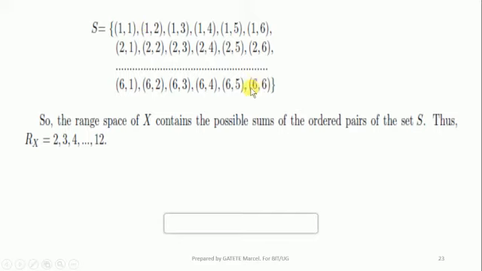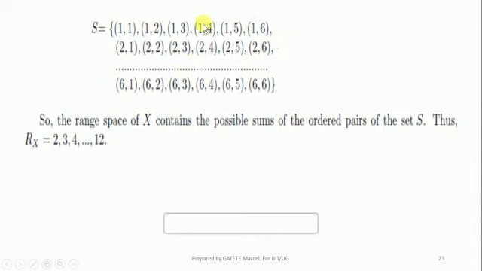If you continue, the last possibility will be that the side 6 of the first die appears at the top, and at the same time the side 6 of the second die also appears at the top. These are the possibilities which can happen when you toss 2 dice at the same time.